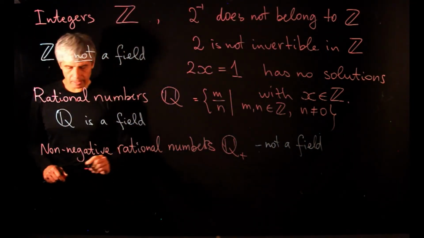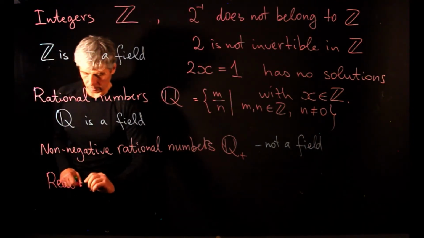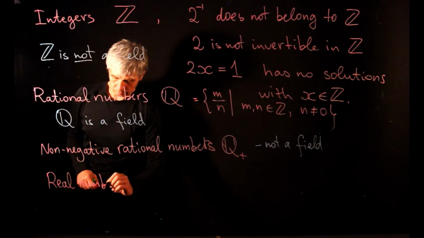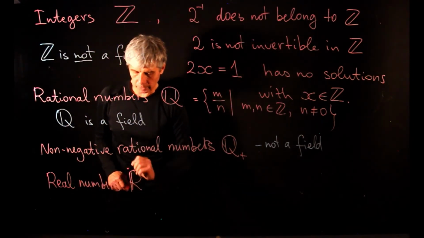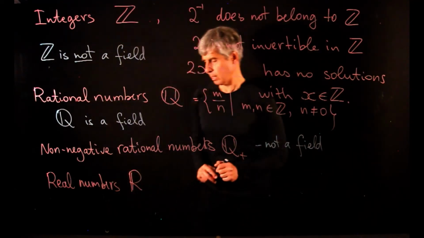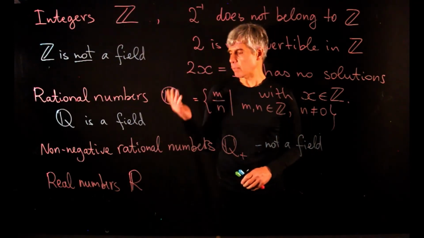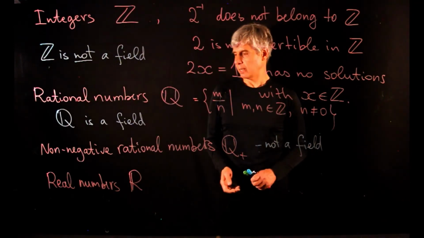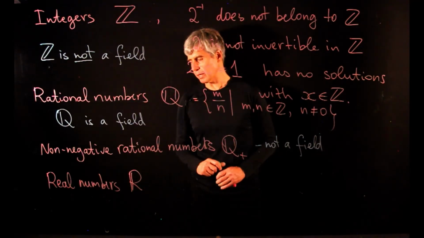Next, we can take real numbers. And the mathematical notation for real numbers is R. So here, again, 0 is a real number, 1 is a real number, and we have operation of addition, multiplication on real numbers.